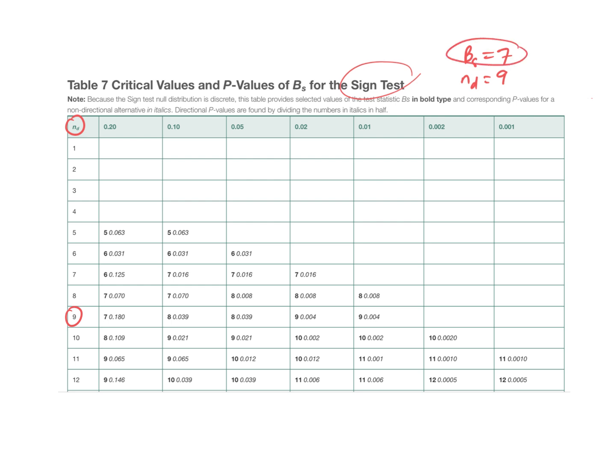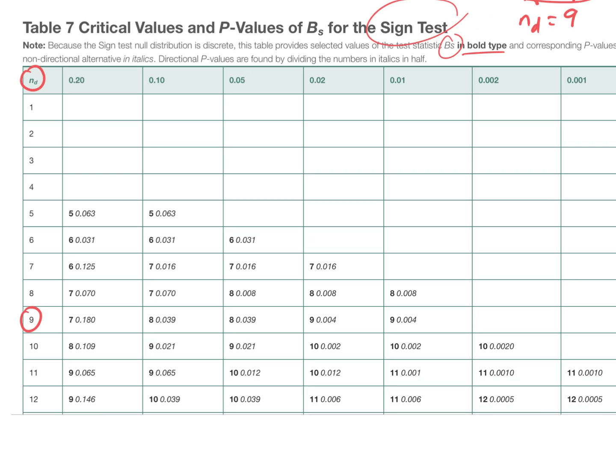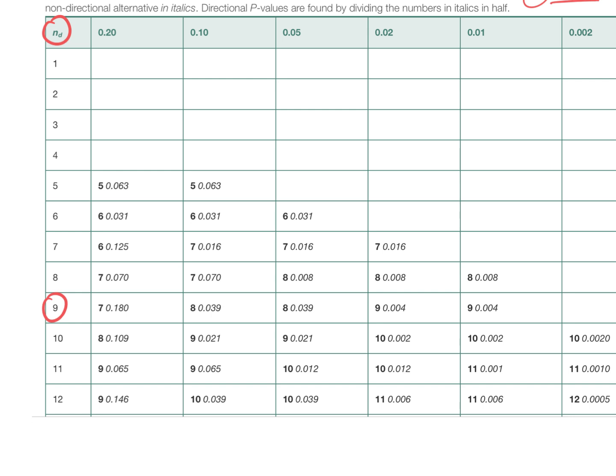So as it says in the text on this table, the numbers in bold type are the test statistic B sub s. So I have some numbers in bold here. Let me just zoom in a little bit. Those are the numbers in bold we're talking about in the line here on this row. So I'm erasing those.